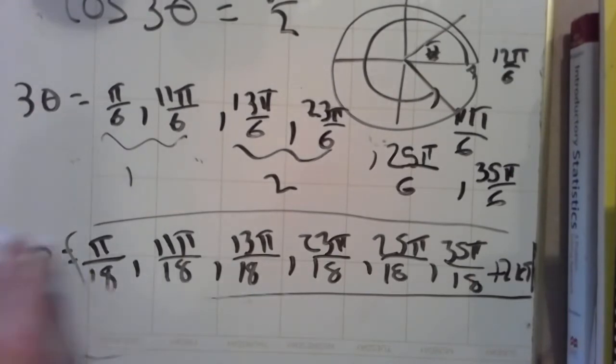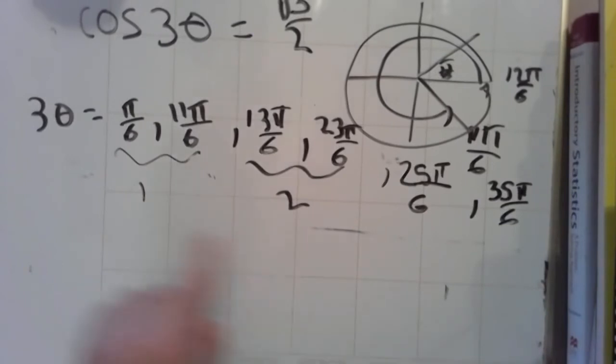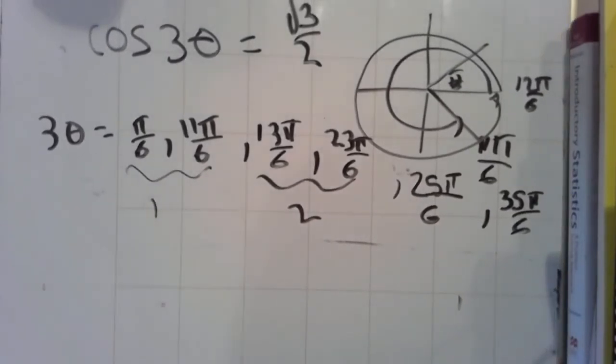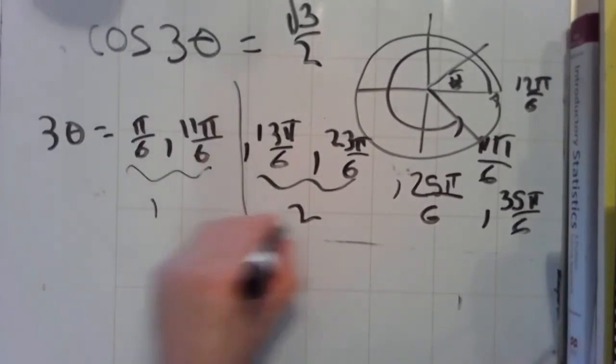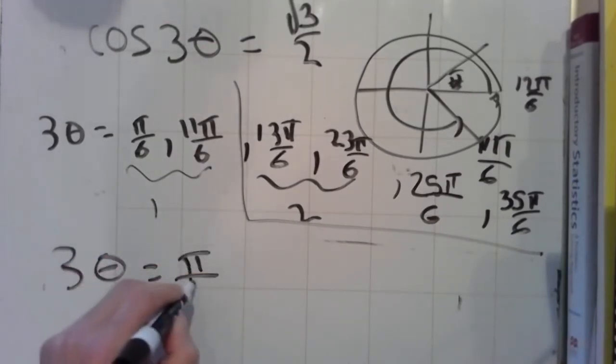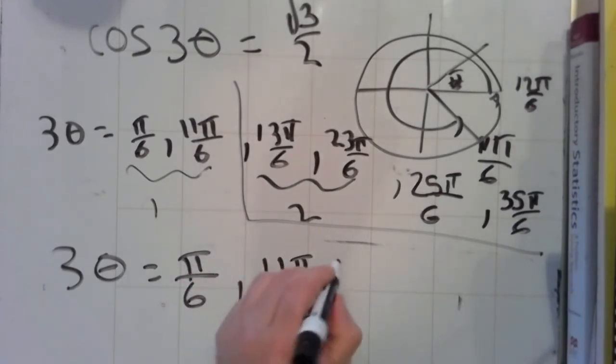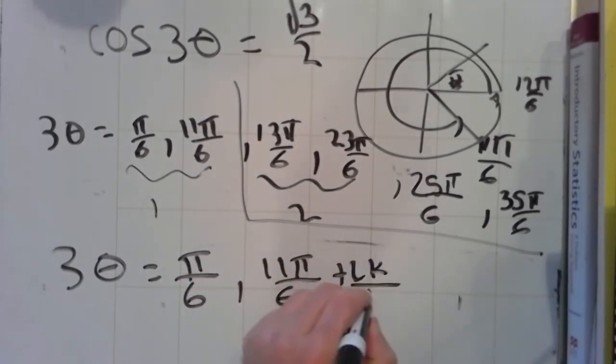The other way, the shortcut, is just get that first set, just go around once. So I'm going to cut off and say 3 theta is pi over 6, 11 pi over 6. Put in the plus 2k pi now.